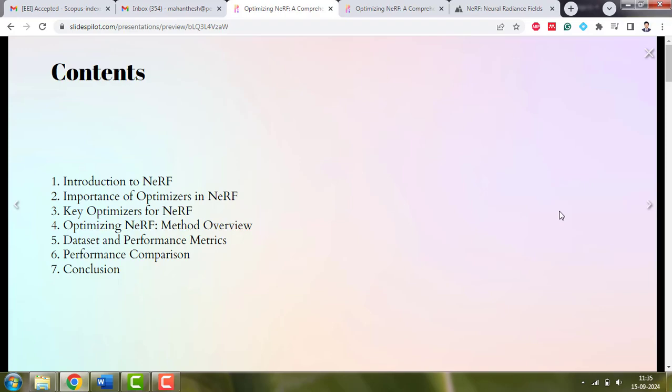Then we will discuss the method behind NeRF, the dataset and performance metrics, and the performance comparison. At the end we will try to conclude which optimizer is most useful for a given application.